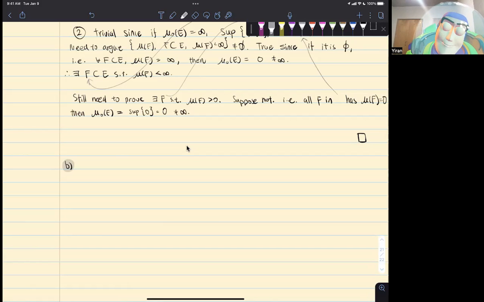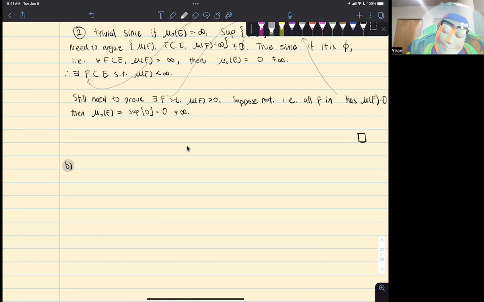So if E is sigma finite, we claim these two are equal because you can find disjoint sets such that the union is equal to E and each set is finite.